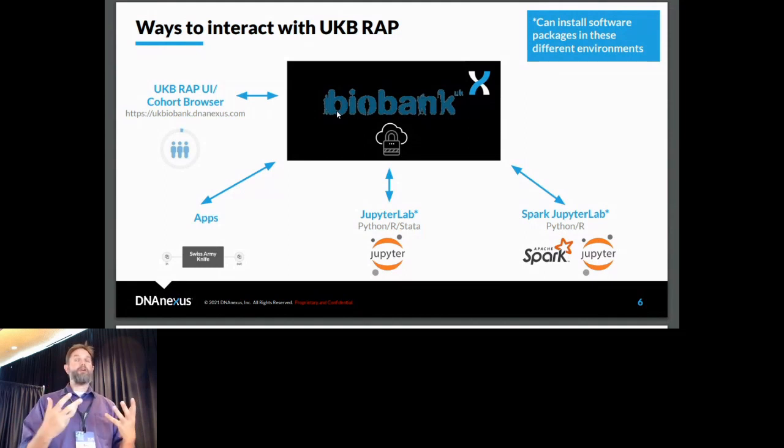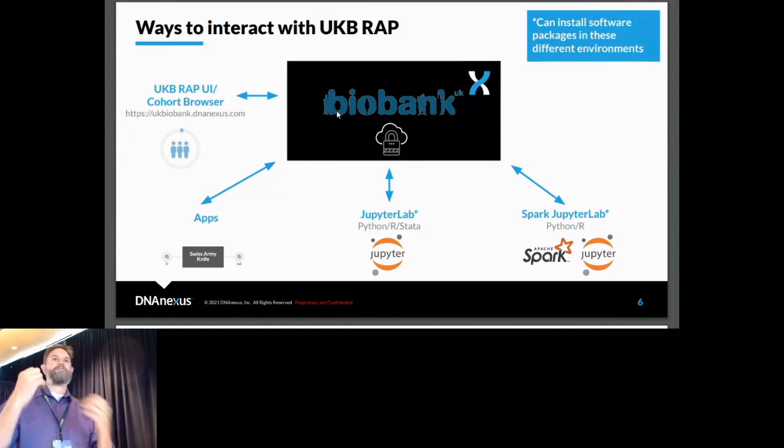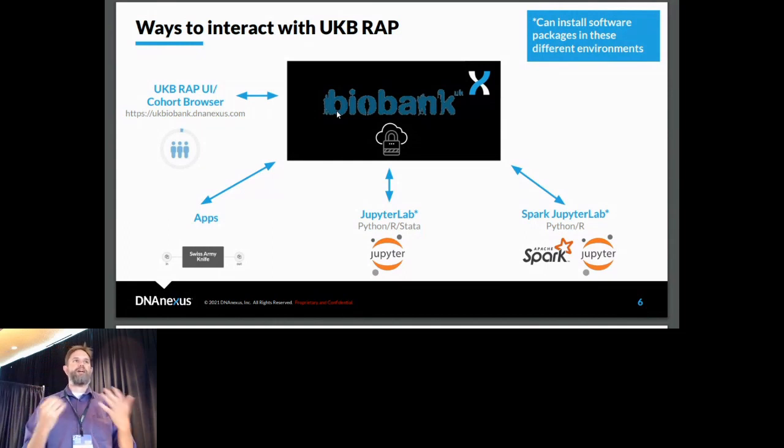So you can go to the community and put stuff up. Building apps on DNAnexus will start at slide 80. So the next 74 slides just walk through what the Research Analysis Platform is and how to use it. Okay, and really, there's a cohort browser.